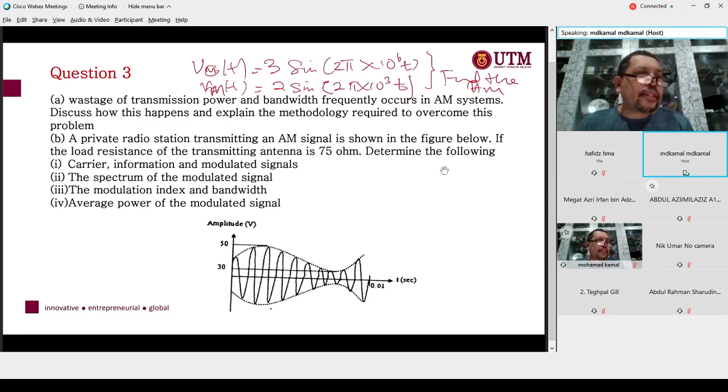So if you find this kind of question, what you have to do is find out the standard equation for the AM signal. In this case, it doesn't matter whether it's cos or sine. You just put the equation back towards the sine value in this case.